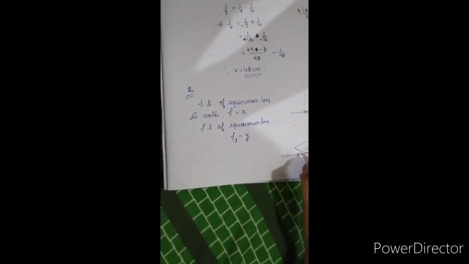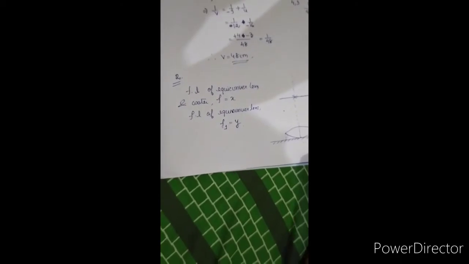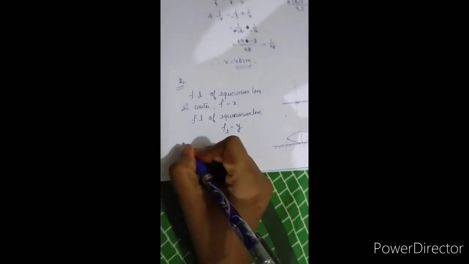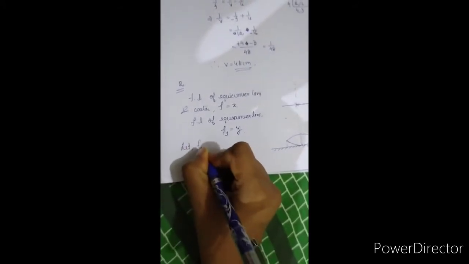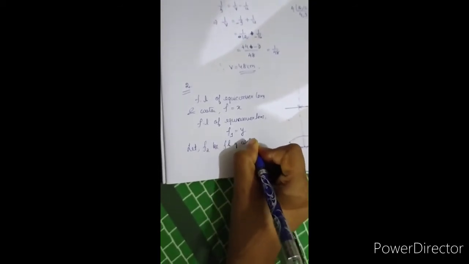So here, this lens is one lens, and the water that will be here will be my second lens. If I don't have this part, then it is only one lens, f1. If I have the water only, then this is f2. Then together, it is f. And let f2 be the focal length of water.